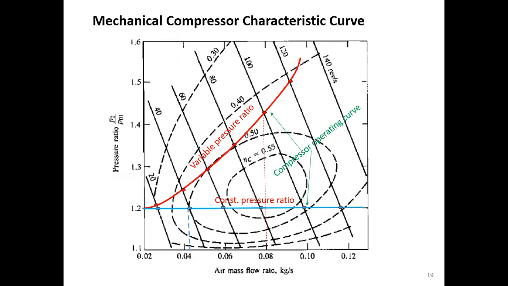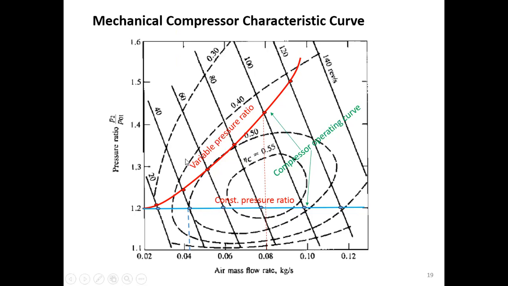This slide shows you the compressor characteristic curve, where we have the pressure ratio on the vertical axis, and the air mass flow rate on the horizontal axis. Inside we have different lines here. The dark line represents the speed of the compressor, in terms of revolutions per second.